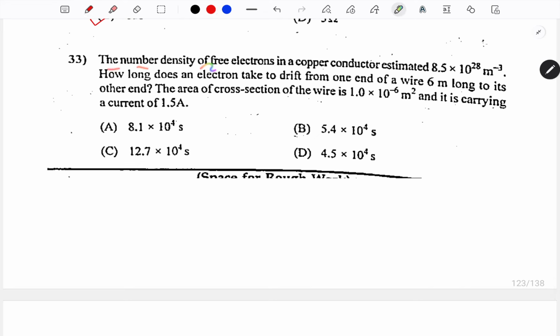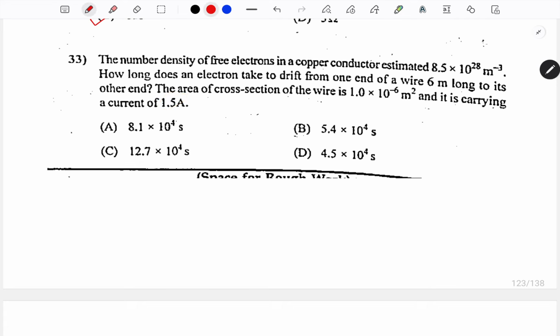The number density of free electrons in a copper conductor is estimated as 8.5 into 10 to the power 28. How long does an electron take to drift from one end of a wire 6 meter long to its other end? Area of cross section is 1 into 10 to the power minus 6 meter square and it is carrying current 1.5.